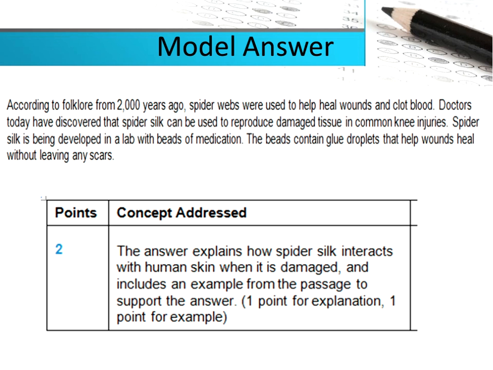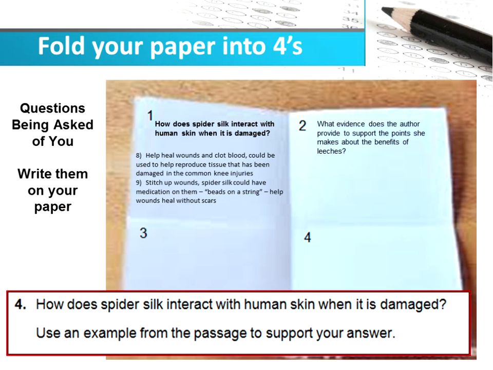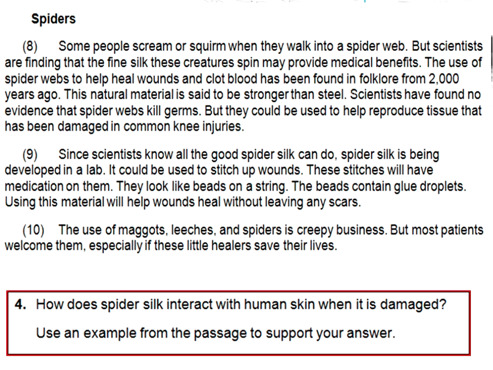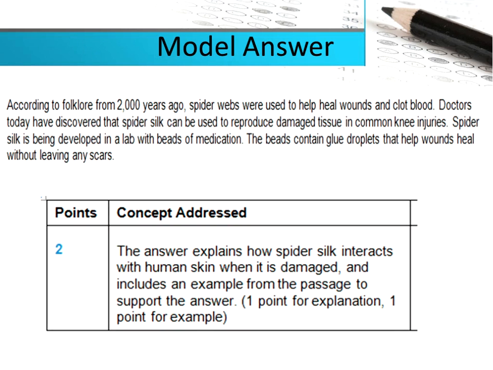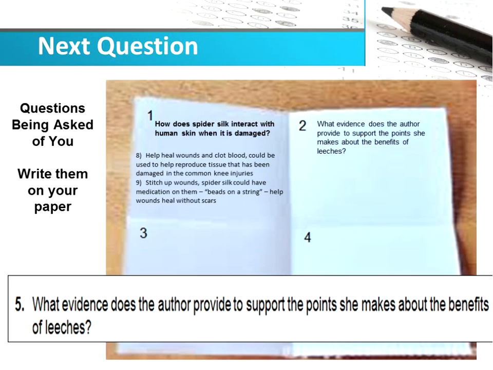If we go back to the reading, it does talk about that interaction with the human skin, and the student would have to read from this and do deeper understanding. Yes, there are two-part questions and two-part answers. That's where I'm continuing on here with part number 2.